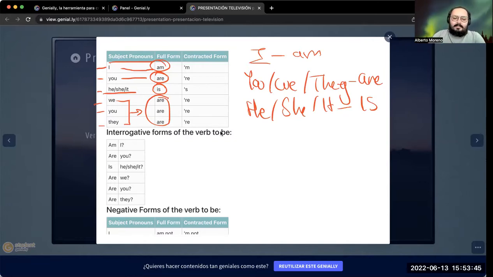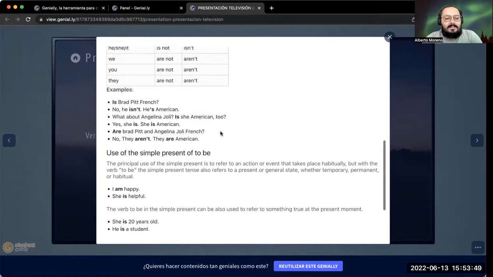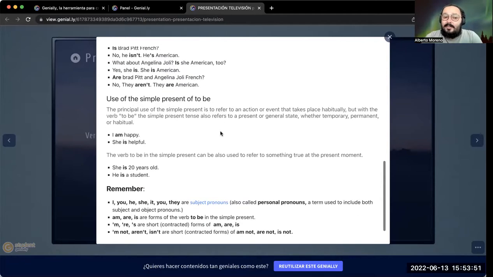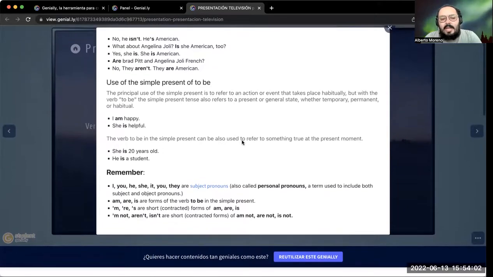And well, now let me erase this. The simple present with the verb to be is used to refer to an action or event that takes place habitually, but the verb to be refers to present or general states, whether temporary, permanent, or habitual.